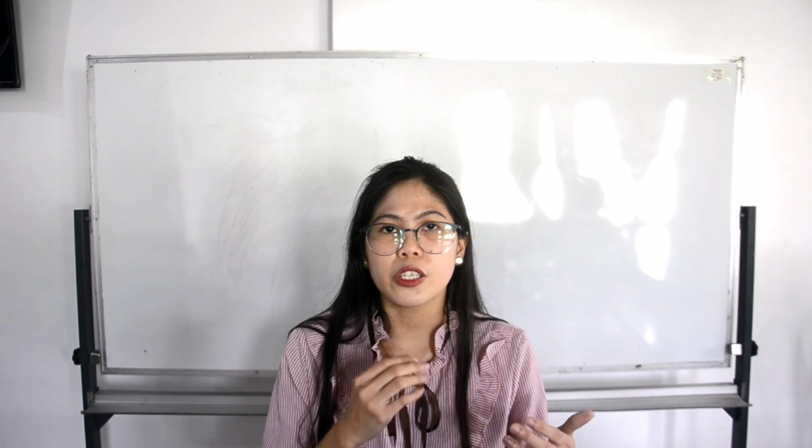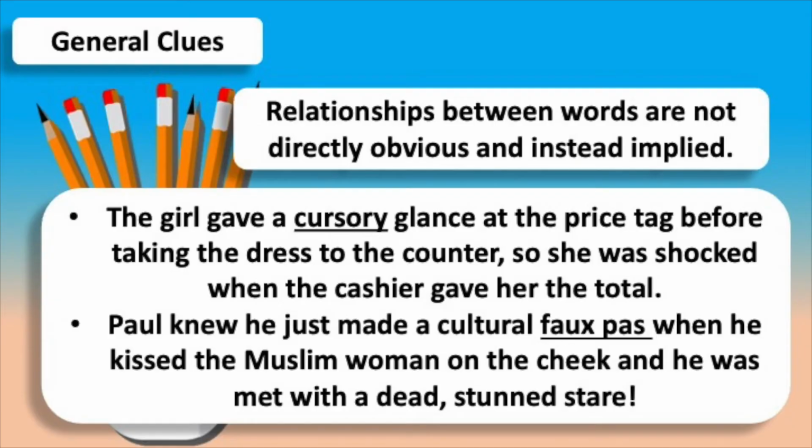In order to know the meaning of the word cursory, you have to analyze the words presented in the given statement, so how the word is used within the statement. If you look closely here, cursory means quick, because if the customer didn't glance quickly at the price tag, she wouldn't be shocked at the price, right?